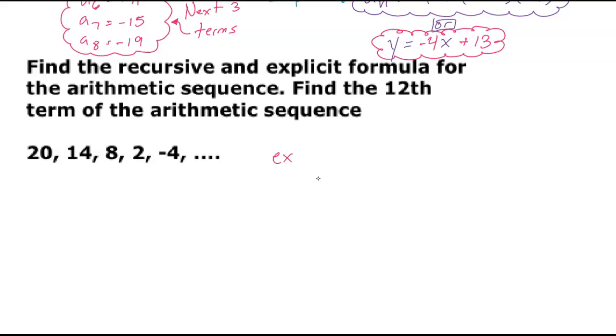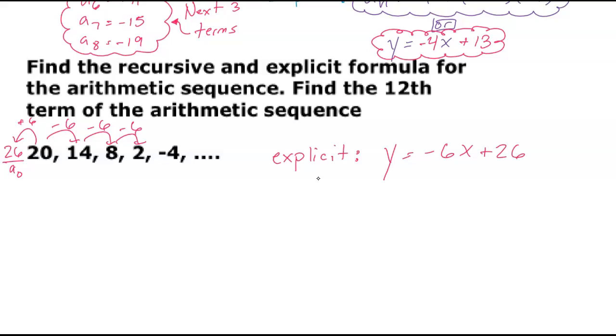Whereas explicit, I can just boom create it. All I need to know is the common difference, which is -6, I believe. And then I need to know the a sub 0 term, which I add 6 and get 26.